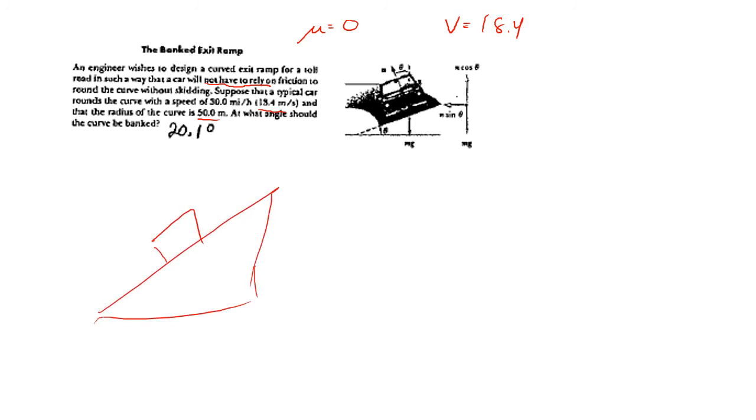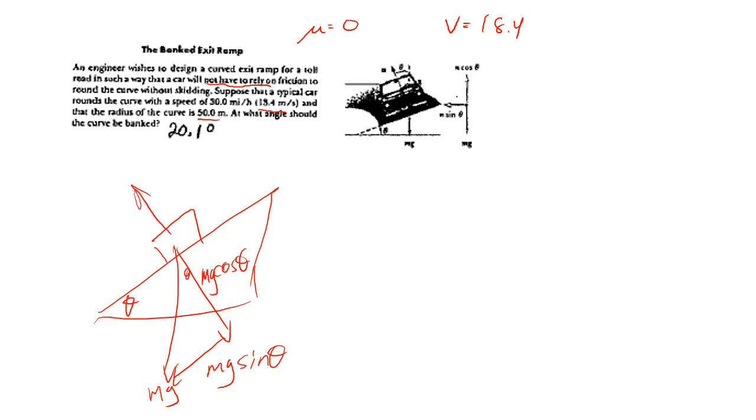Nice. Draw a picture. Oh, I already have a picture, but I want to draw my own. mg. We don't know what theta is. So this is going to be mg cosine theta, mg sine theta. Normal force, but we don't care because there's no friction. Here's your centripetal force, Fc.